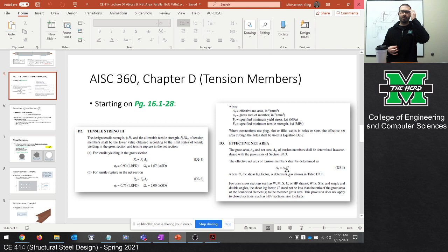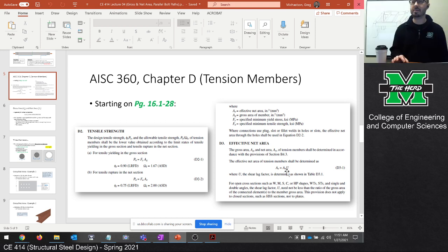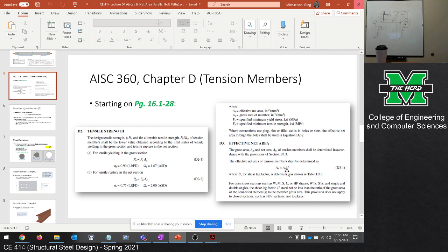Any questions before we call it? If staggering is better, why isn't it the standard? That's an interesting question. The long story short is staggering can tend to increase the length of the connection, and increasing the length of the connection means you have to increase the amount of plate used to connect the member.